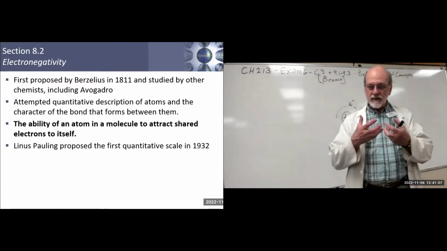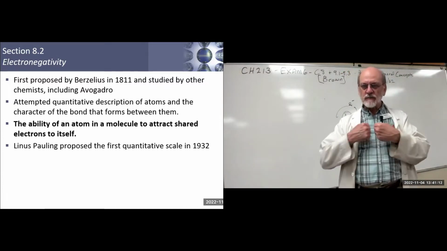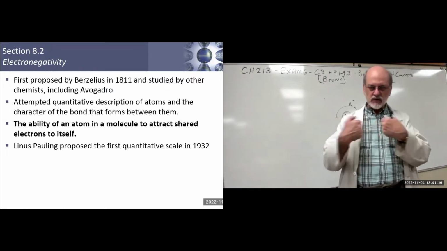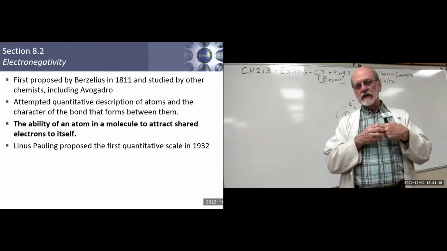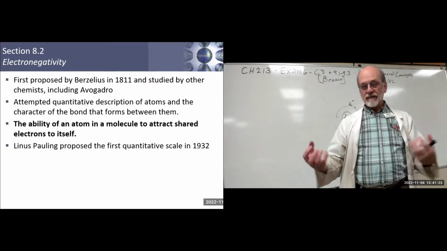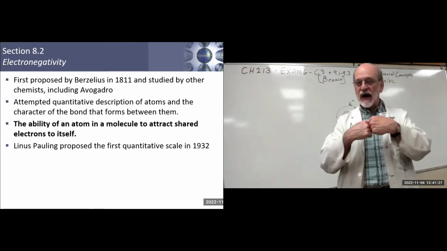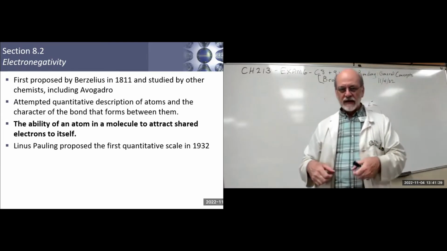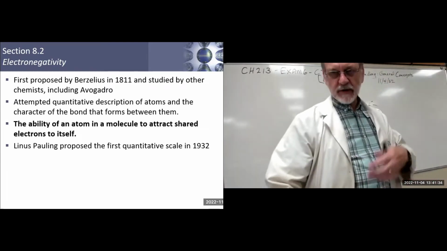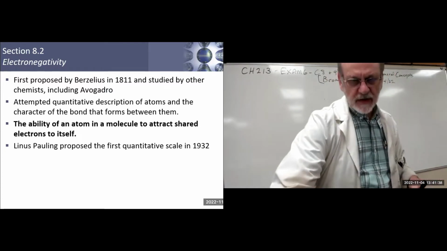Now, once we have an idea about the nature of the bond and can quantify, can measure that attractive force, then we can divvy out a value for the individual atoms. But it originally comes from the bonded forms. And Linus Pauling proposed this scale. And I'm going to give you the math for it in a minute, which you don't have to remember. It just illustrates the point.